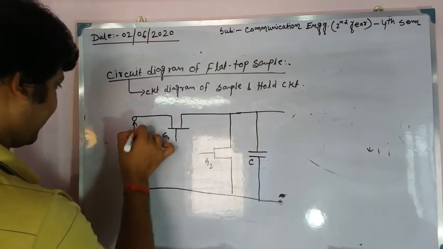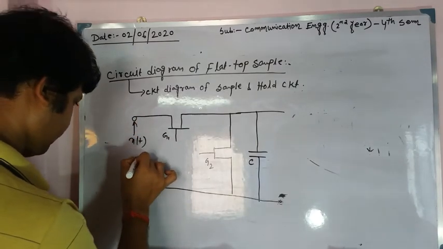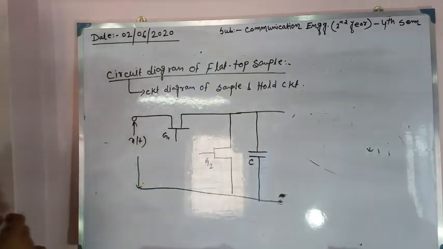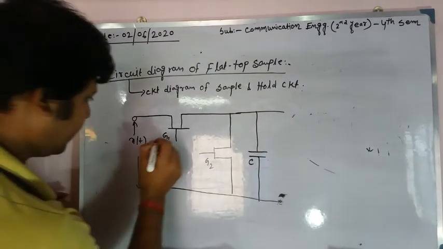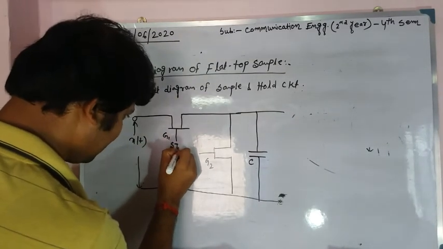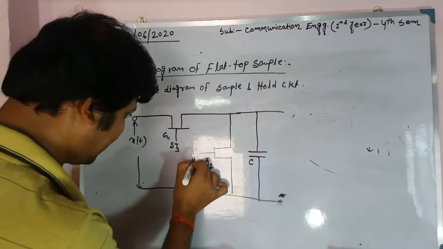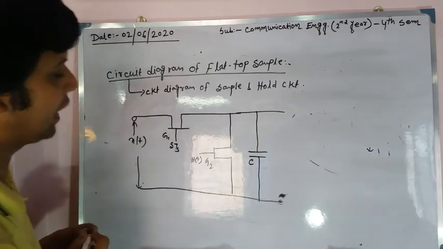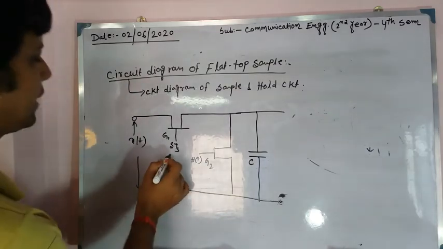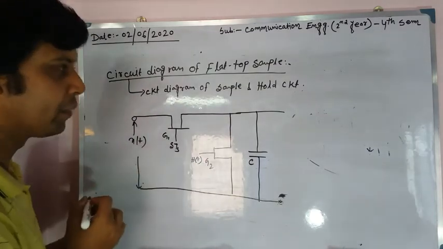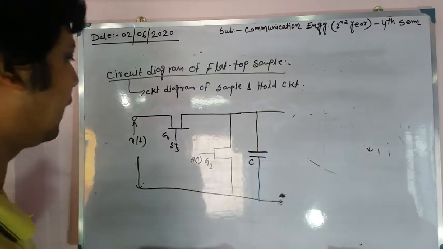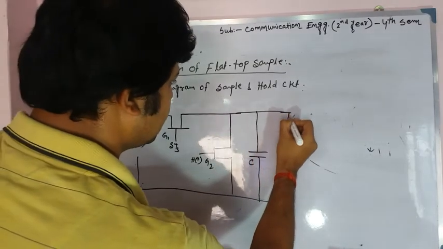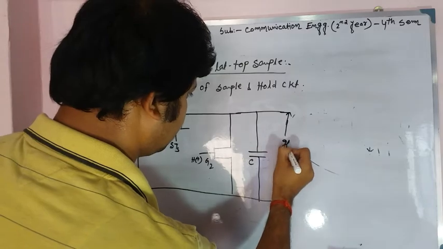This is x(t). Here we apply δTs and here we apply h(t). δTs is an impulse signal and h(t) is a rectangular pulse signal, and the output is g(t).